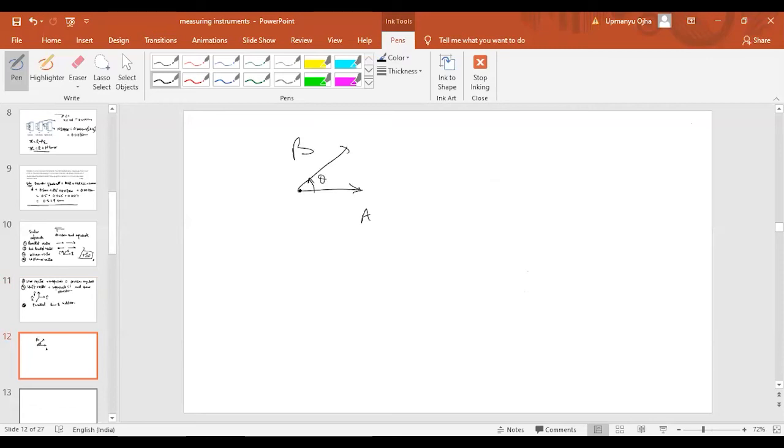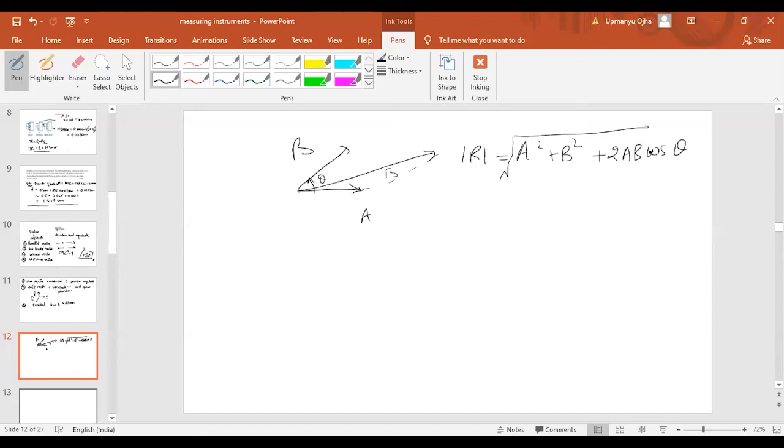Then the resultant of the two vectors is the diagonal of the parallelogram, whose magnitude is given by the square root of a square plus b square plus 2ab cos theta.